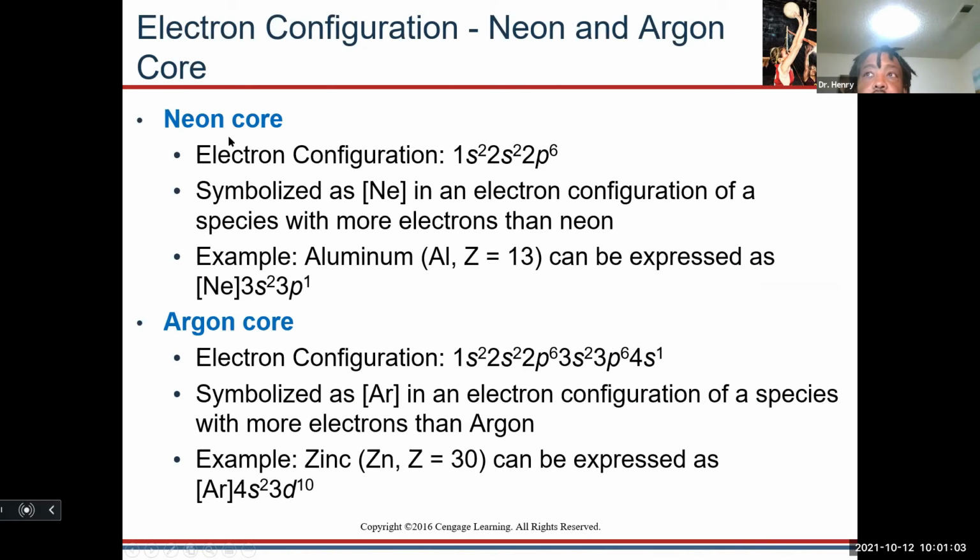We talked about using the cores, right? So this is the neon core. This would represent the argon core. Although that's a typo, that's a real bad typo actually. Sorry.